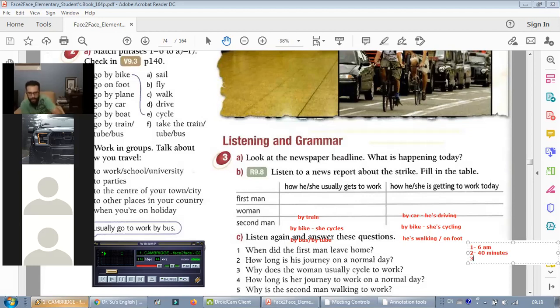Okay. Number 3, why does the woman usually cycle to work? What's the reason? Because it's cheaper, maybe. Let's write your answer. It's cheaper than the tube, right? Okay.